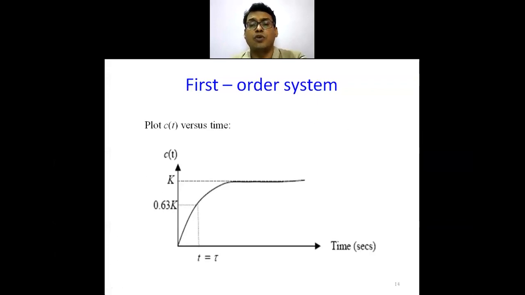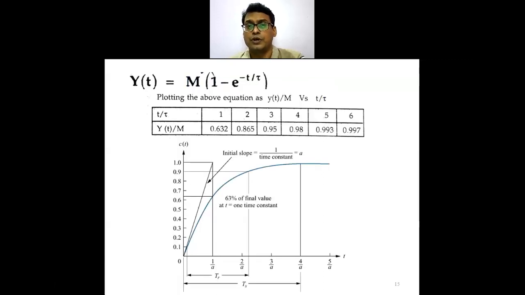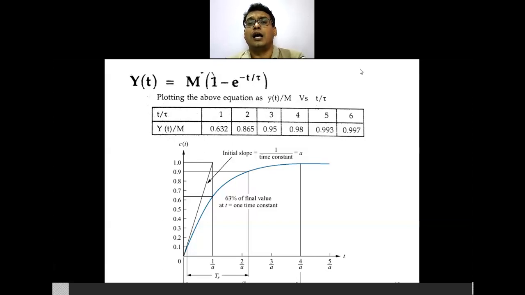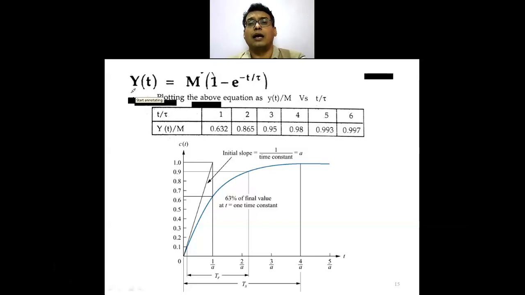So this is the graphical representation that has been shown. Now y(t), which is equal to the response, which is nothing but c(t) also, which is K·M times (1 minus e raised to minus t upon tau). Now I am going to plot this y(t) upon KM.